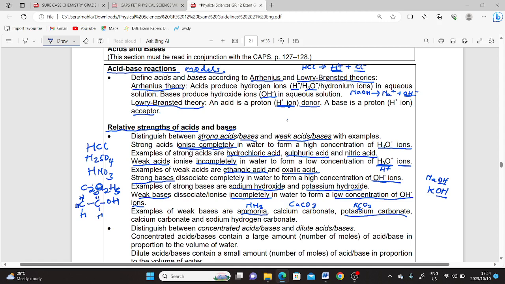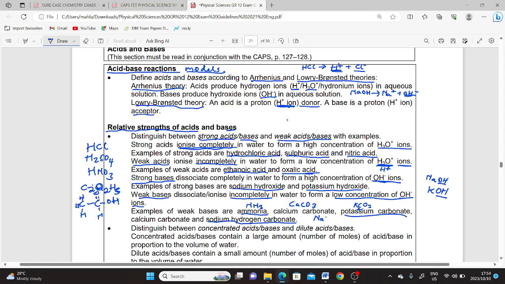Calcium carbonate, they're repeating that, and sodium hydrogen carbonate.